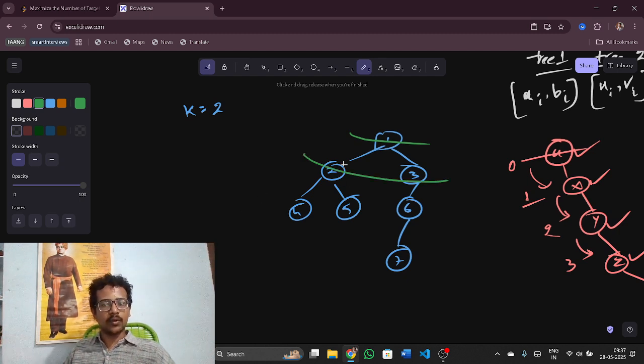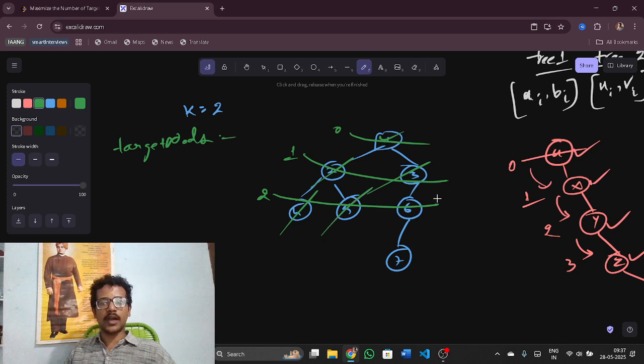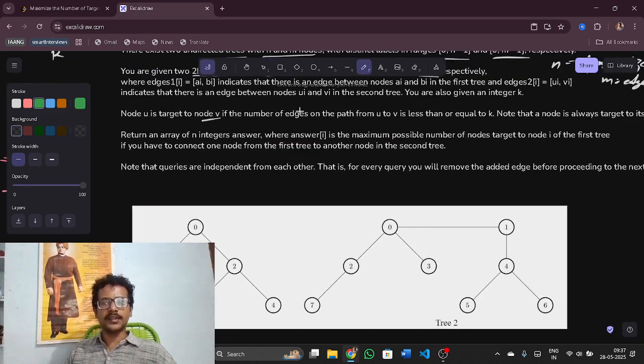And then at distance 1, it is 0 here, now it is 2. So the total number of target nodes are 1, 2, 3, 4, 5, 6. So there are totally 6 target nodes for node 0, that means we are starting at node 0 and k is equal to 2. So this is the explanation for target nodes.